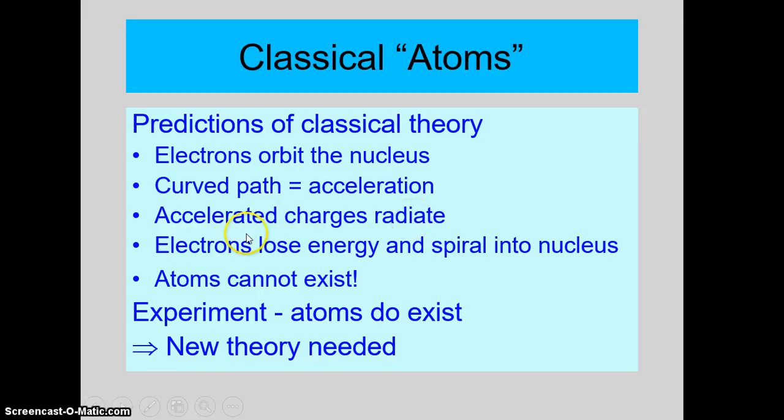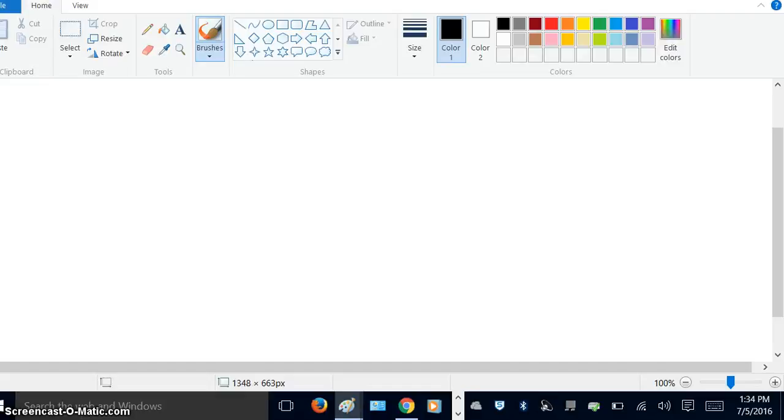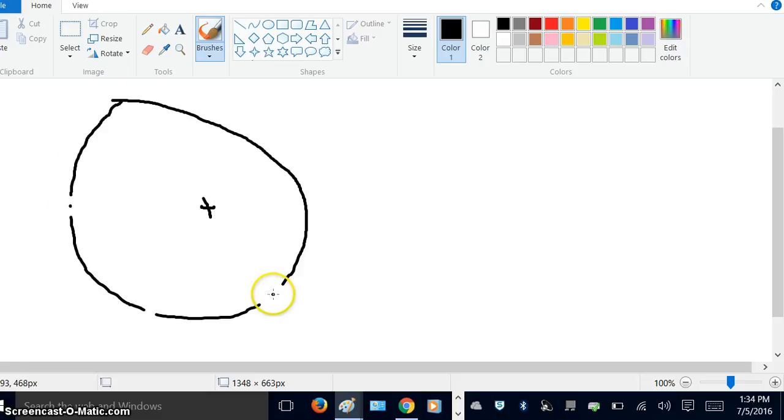And if it was radiating, it would be losing energy in a constant manner. If you imagine some tiny positive charge, I'm not going to really do justice to this, and an electron in orbit around it, somewhere out here, it's supposed to be a circle, but you get the idea.